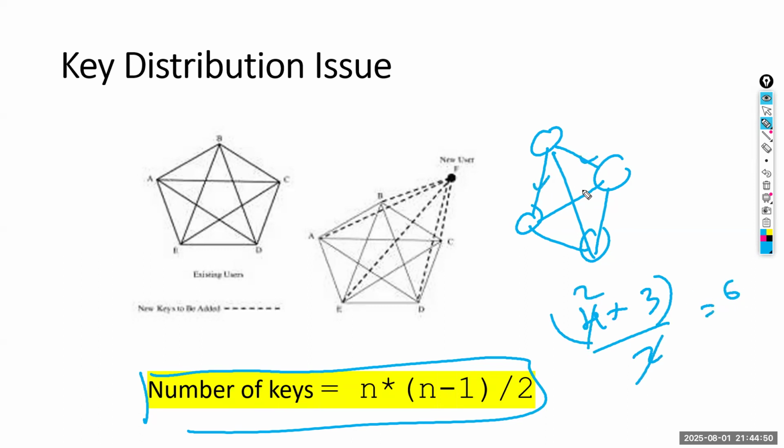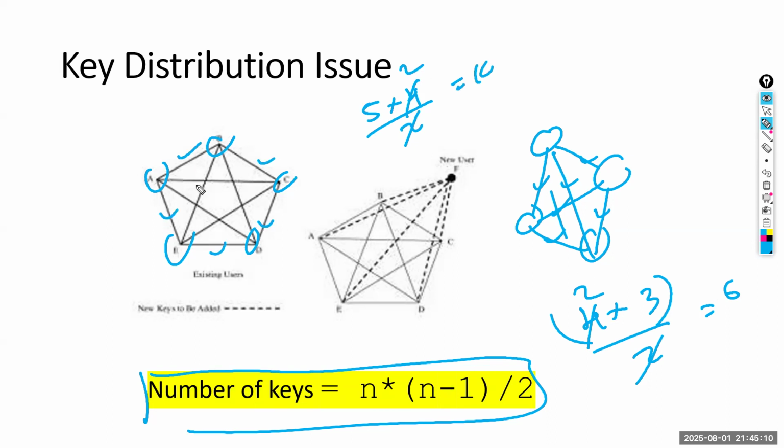Yes, 1, 2, 3, 4, 5, 6. For each communication, you need a key pair. So if you have 5 parties, 5 into 4 divided by 2, you need 10 keys. 1, 2, 3, 4, 5, 6, 7, 8, 9, 10. So you need to remember this formula.